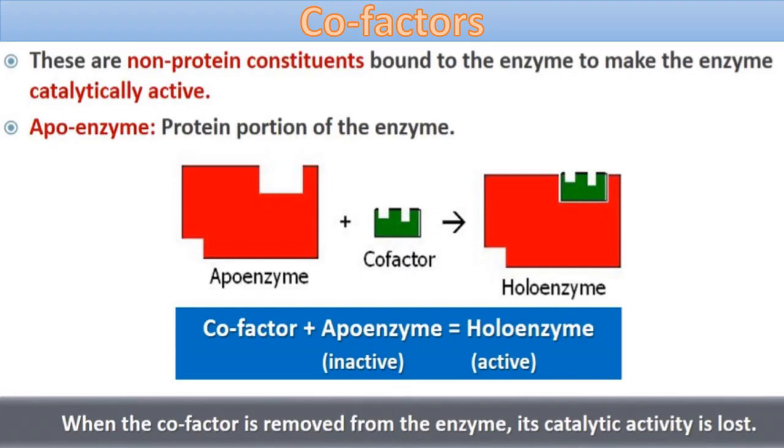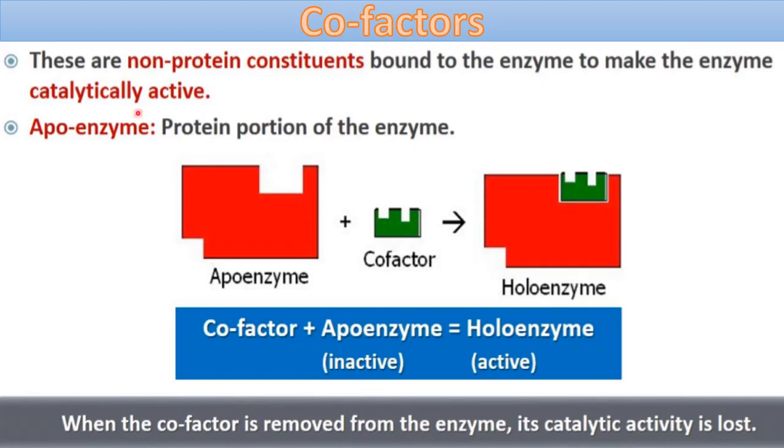They cannot catalyze any reaction. Enzymes are made up of protein, and these cofactors are the non-protein part which is bound with enzymes to help them. Simply we can say, cofactors are the non-proteinaceous part of the enzyme which help the enzymes to catalyze the reaction.